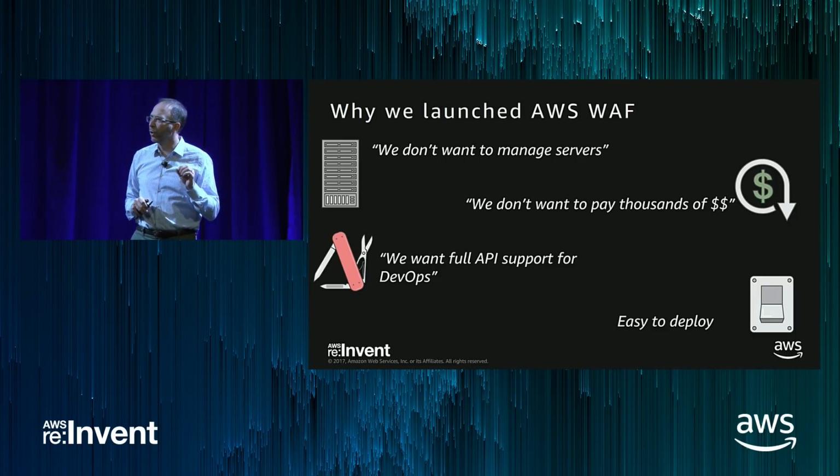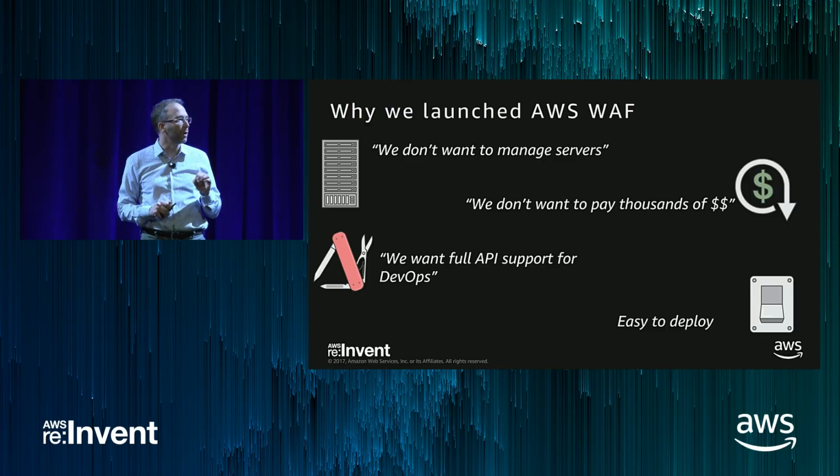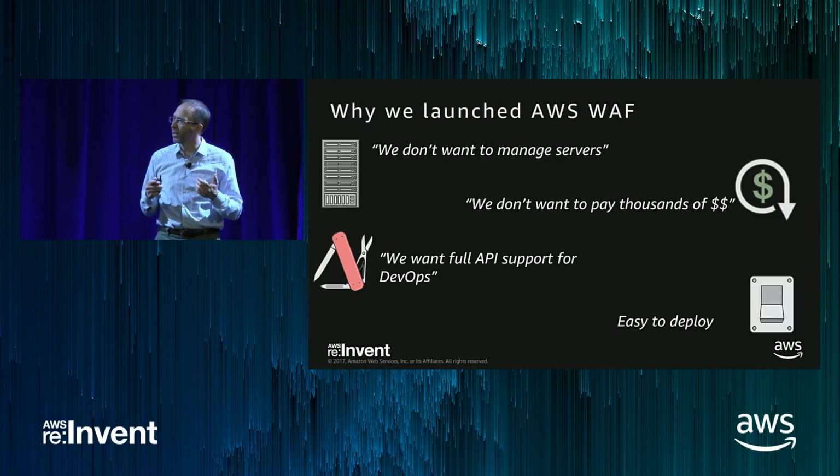Also, customers were looking for the type of API support that you get with full AWS managed services, so that in a DevOps type of approach, you can take these sorts of real-time responses to threats and update them via the APIs to keep your rules up to date. And lastly, of course, customers wanted all of this to be easy to deploy.